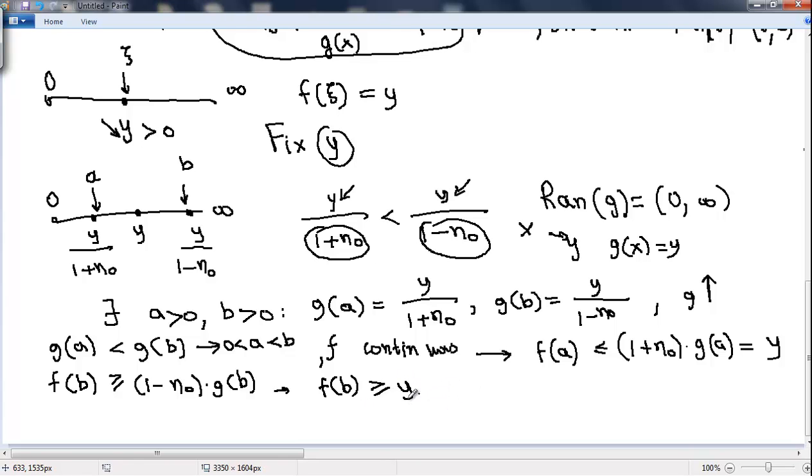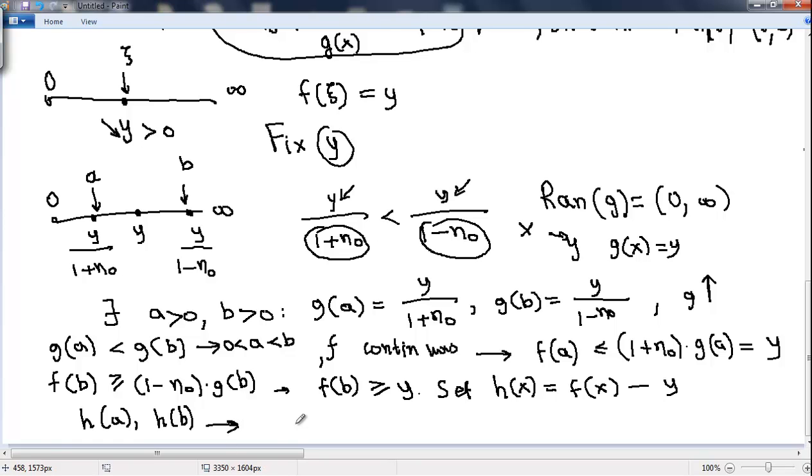Now, since y is a constant for me, I create a new function. I set h of x equals f of x minus y. So, what happens here? I have h of a and h of b, and one of these is more than 0 and the other one is less than 0.